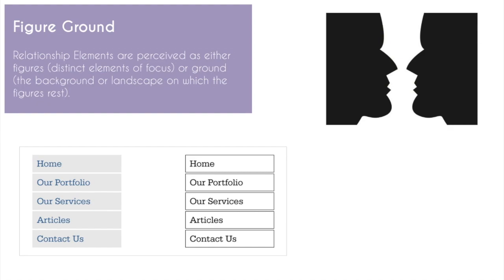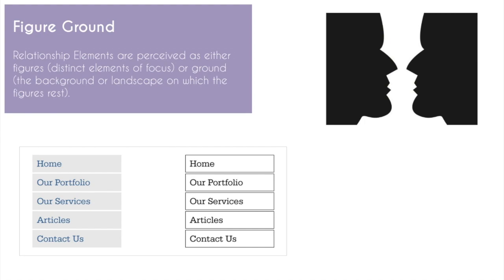And when it comes to graphic design, you want to look at this bottom left image where we have these little buttons, like a little directory you'd find on a website. The one on the left has a very clear background gray rectangle, and the figure is all those blue letters. So it makes it very easy for the brain to see.